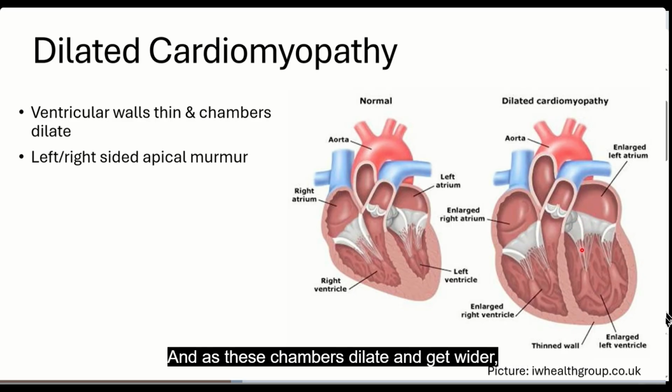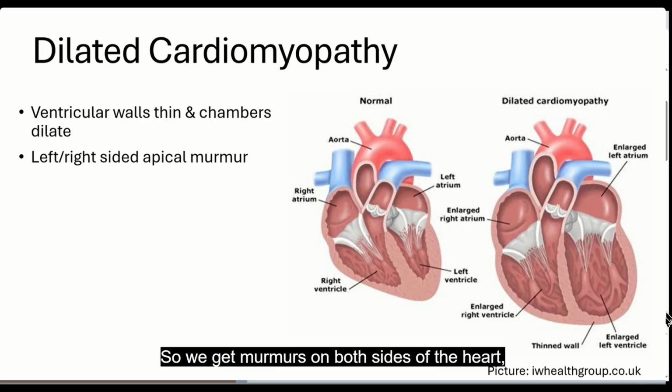As these chambers dilate and get wider, the annulus is stretched apart so that our leaflets don't close and can't oppose as they should normally. This then lets a lot of blood backflow from the ventricles into the atrium on both sides of the heart and increases this vicious cycle of chamber enlargement.